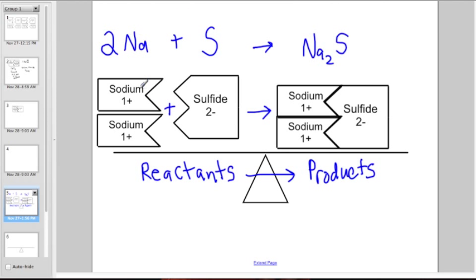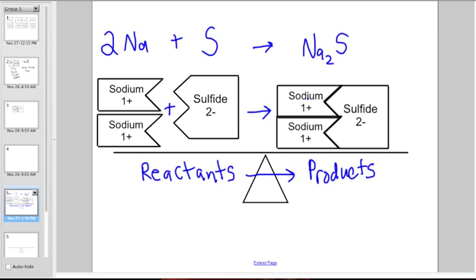I have 2 pieces of sodium plus 1 sulfur, making a sodium sulfide, which is all of them pieced together. So that's one formula: sodium 2, sulfur 1, 3 pieces stuck together. That's a balanced chemical reaction, and that's what we're going to be doing.